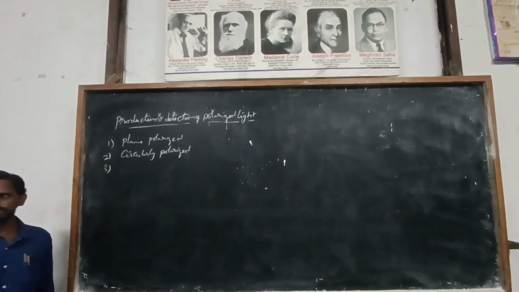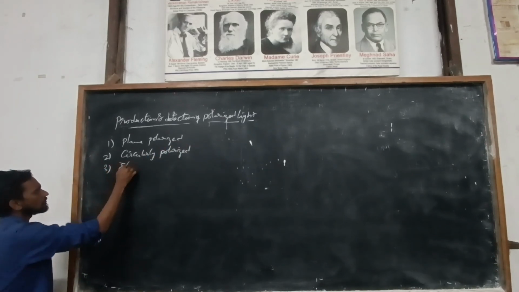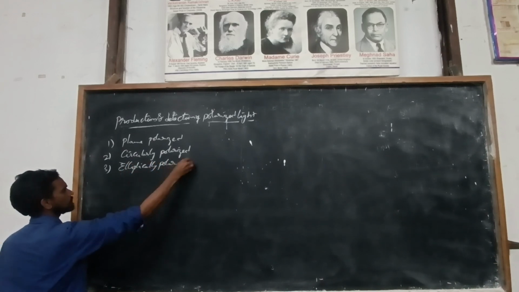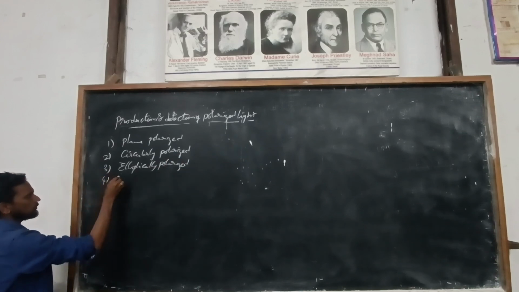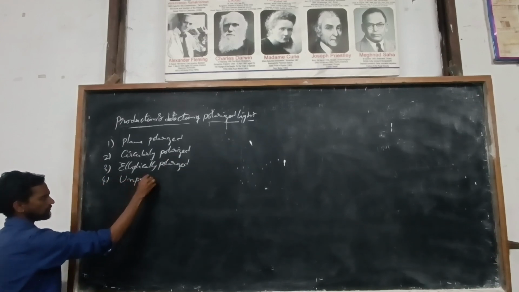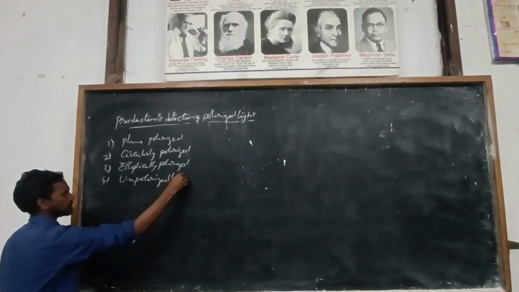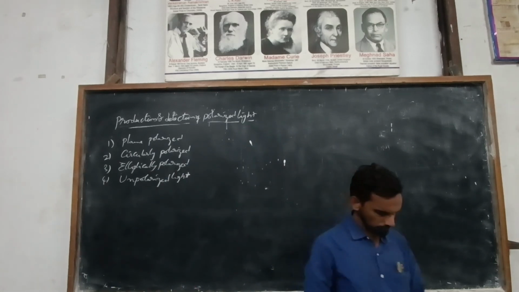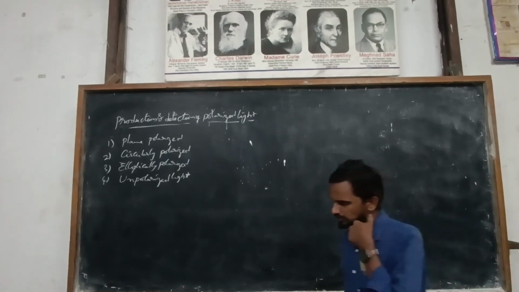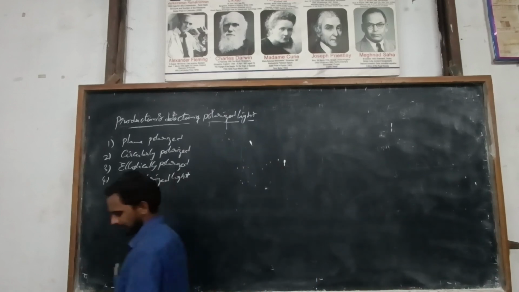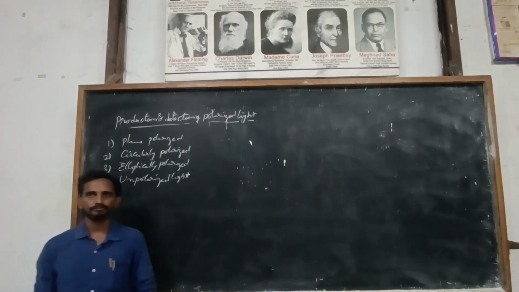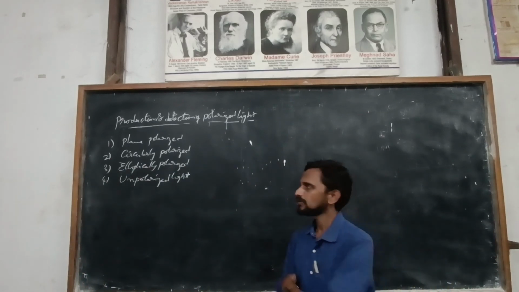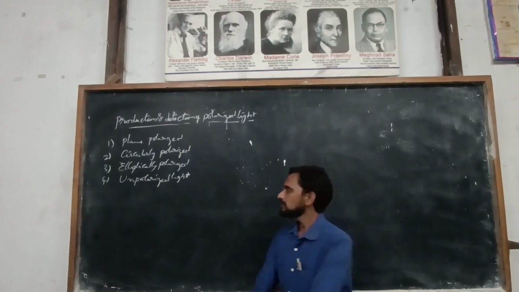Third one is elliptically polarized light. And for distinguishing, it is unpolarized light. These are the four types of light that we need to generate and identify.